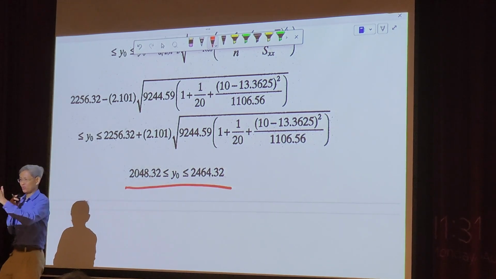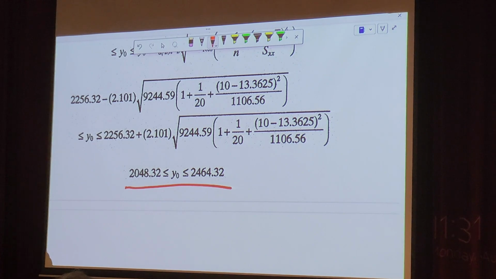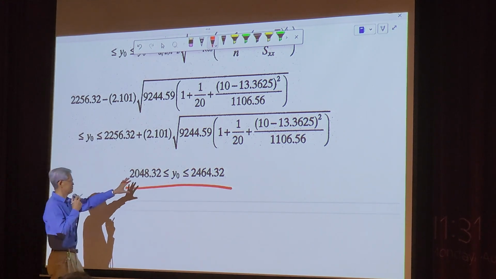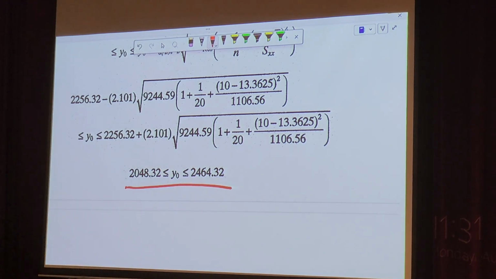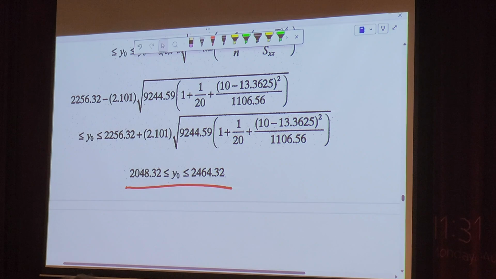Predicted to be between these two boundaries. Whether it will fall inside or not, I don't know. It could be outside, but at least we have some idea that it's probably between here. So be very careful with all this very casual notation in the text.